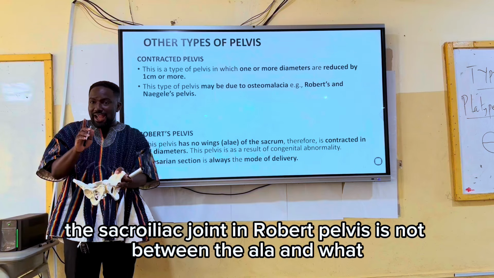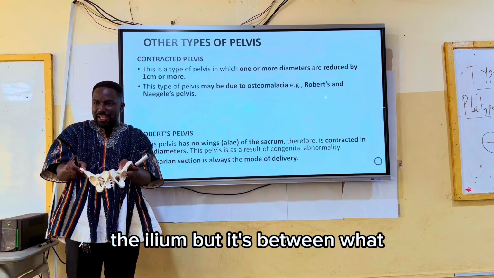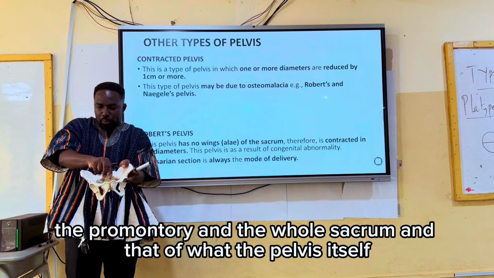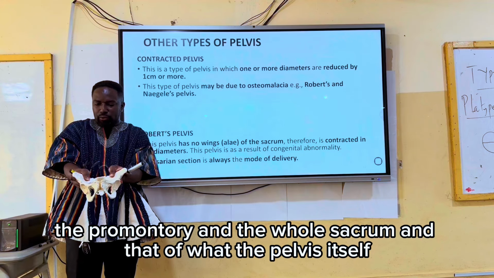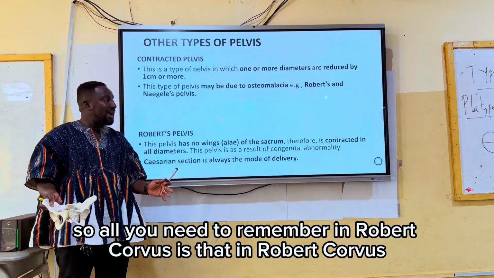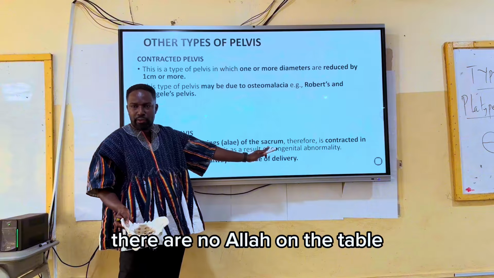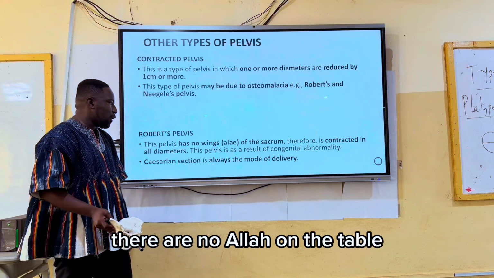So the sacroiliac joint in Robert pelvis is not between the ala and the ilium, but it's between the promontory and the whole sacrum and that of the pelvis itself. So all you need to remember in Robert pelvis is that there are no ala of the sacrum.